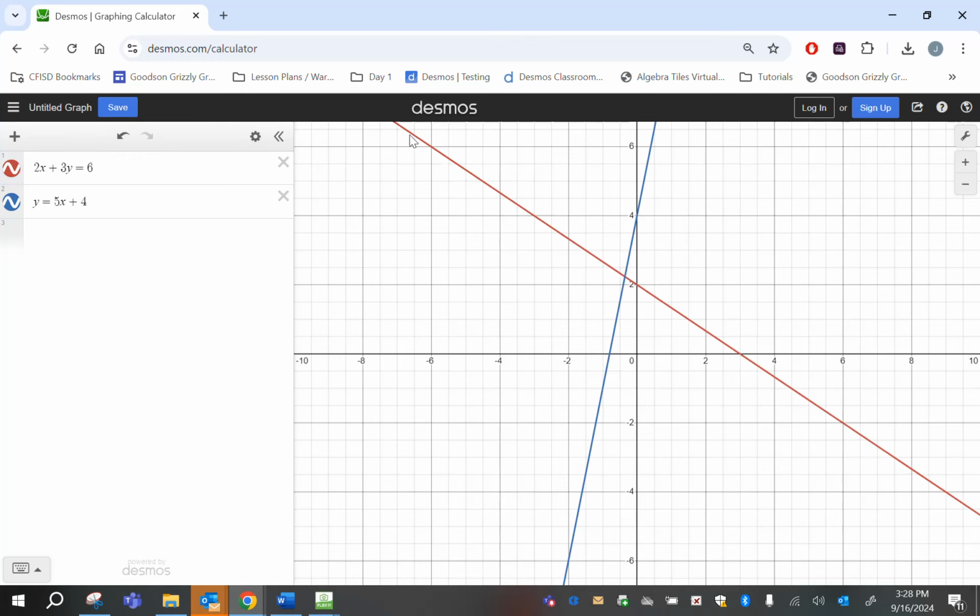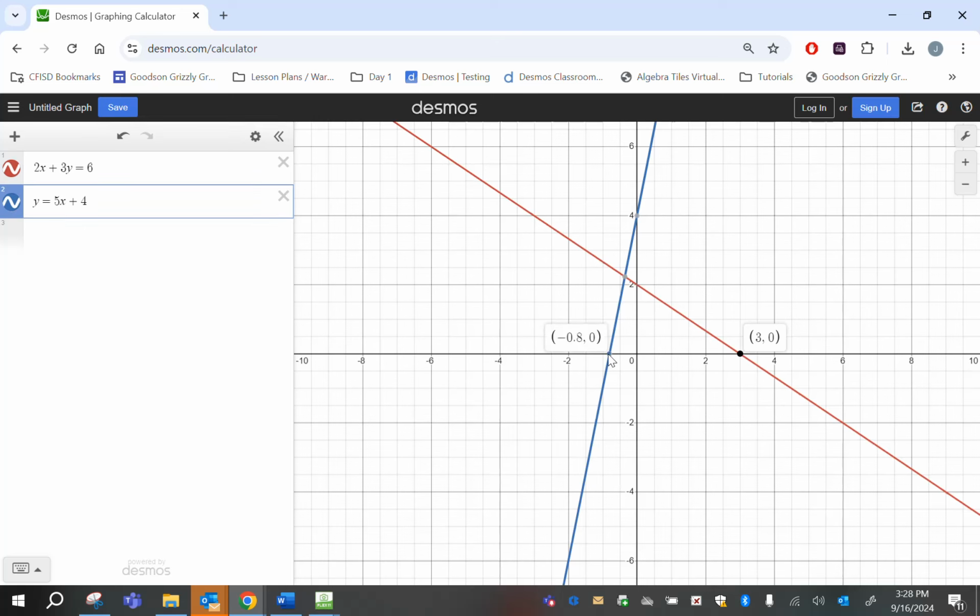So if I look at this line here, there is a place where it crosses the y-axis. That's the y-intercept. Well, there's also a place where it crosses the x-axis. That's the x-intercept. Pretty straightforward. If you understand the y-intercept, the x-intercept is not much of a stretch.